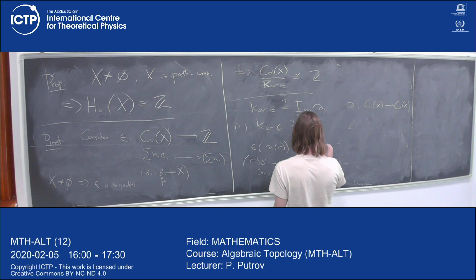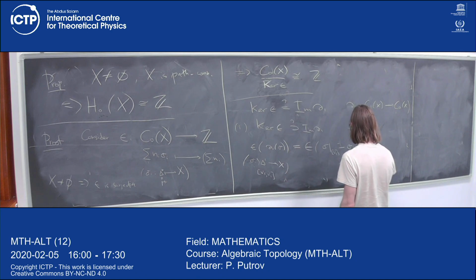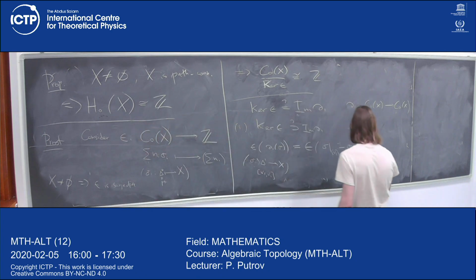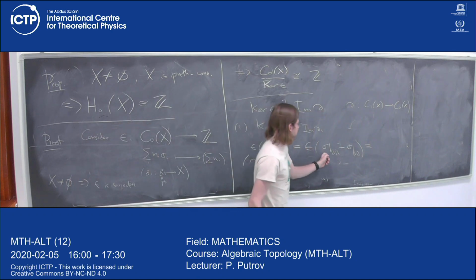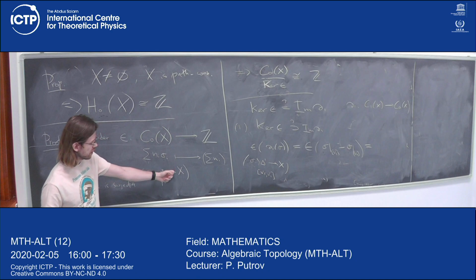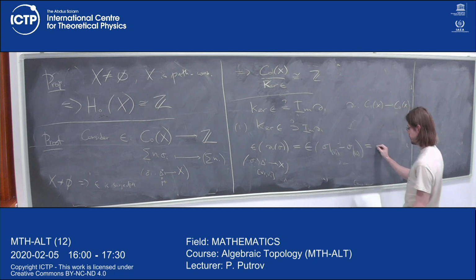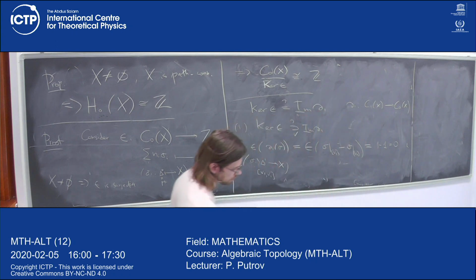If I apply D1, by definition it's the restriction of sigma to V1 minus the restriction of sigma to just the zero simplex, which is V0. These are some generators in C0 of X, some singular simplices, and then I can use the definition of the epsilon homomorphism. This is the sum of the coefficients, which is 1 minus 1, which is 0. Okay, so this is the check.